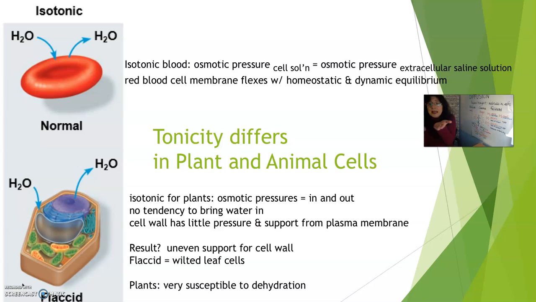There's not much of a gradient there, and so it's going to be a very slow movement in and out, but these are isotonic solutions that are in equilibrium in an animal cell. And this is normal for an animal cell.